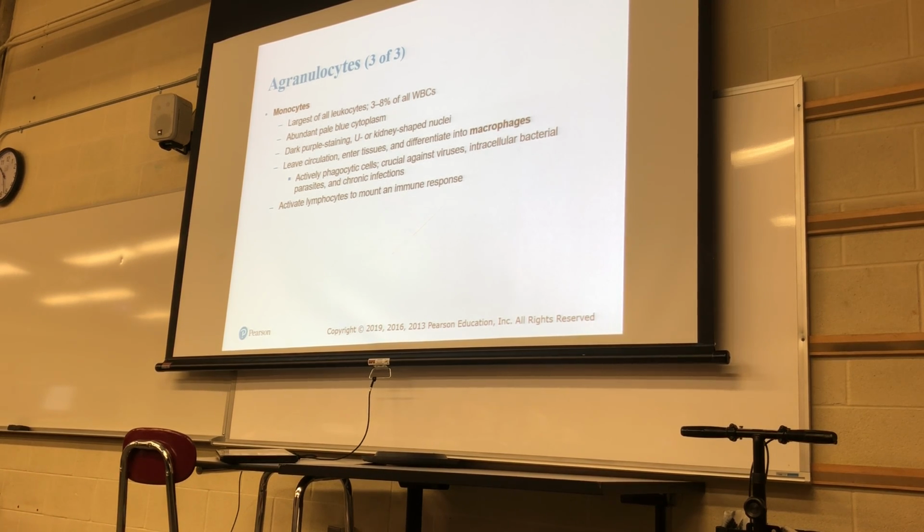But we're going to go into that. They activate lymphocytes to mount an immune response. They get it going. They fight first. Then the immune response means the other guys never forget.